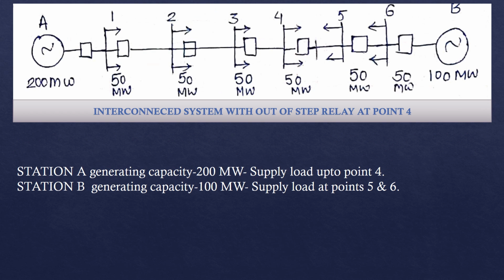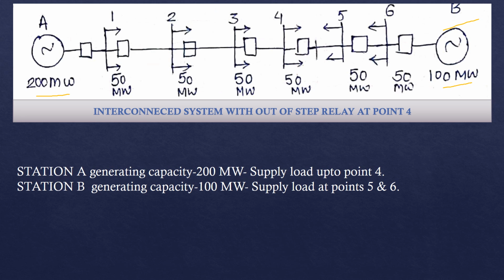Let us understand the same with the help of an example, where we should be putting the relaying equipment and how this relaying equipment is opened to maintain the supply and resynchronization. Therefore, for that, we have taken a system where there are two stations, station A and station B. Station A has a generating capacity of 200 megawatt and station B has a generating capacity of 100 megawatt.